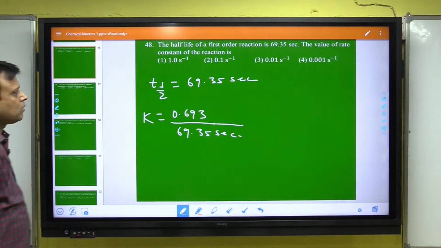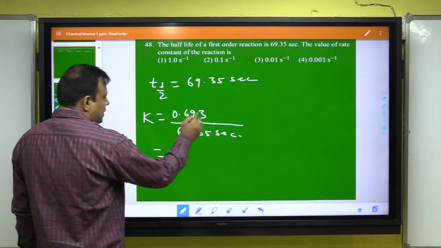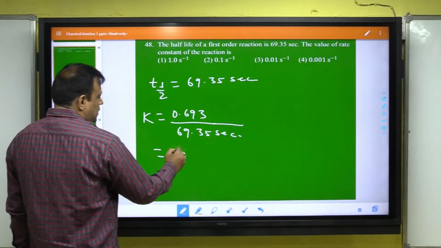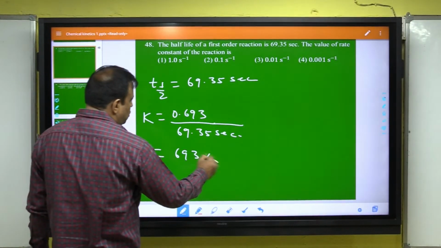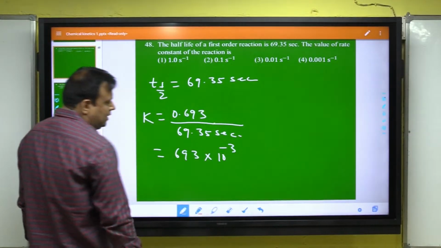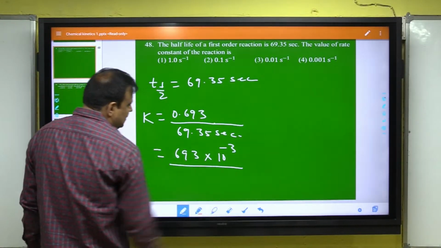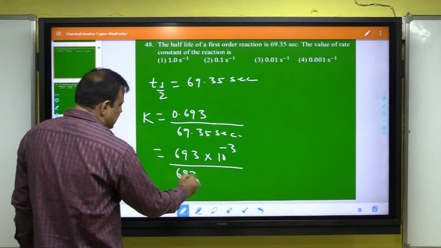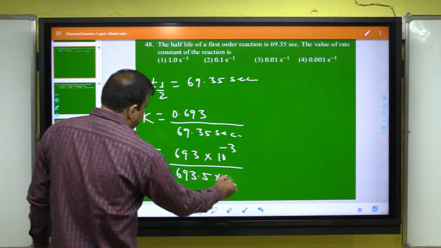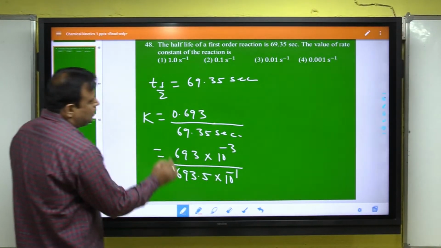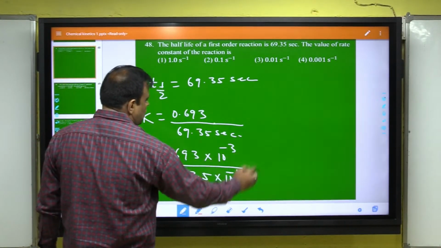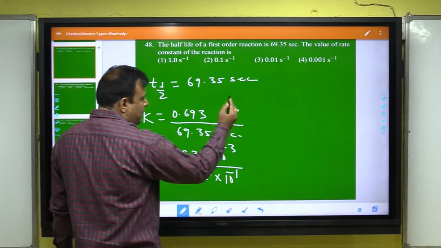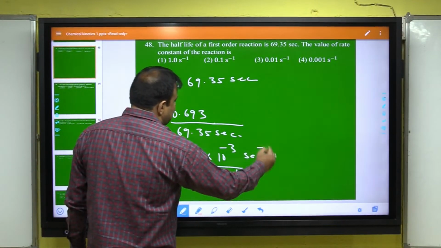Listen. Can I write 693 × 10 to the power -3 dividing by 693.5 × 10 to the power -1, because 69.35, and second, if you take it upstairs, it will be second inverse.